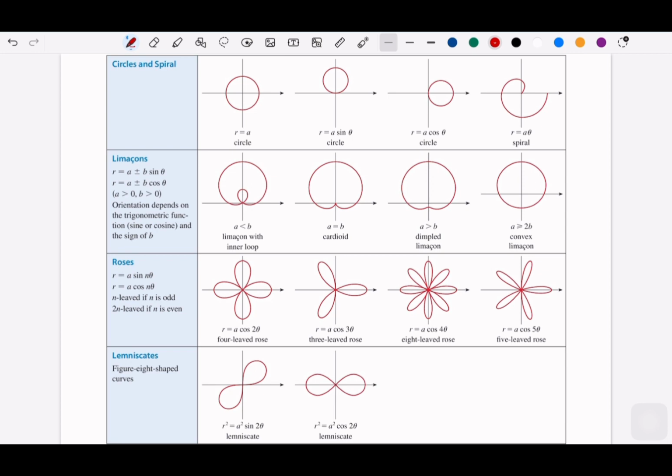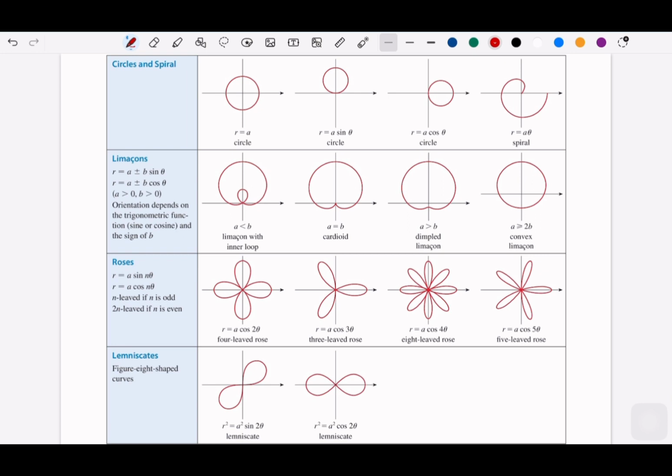And if you have a greater than b, but not over 2b, we have a dimple. And then after that, we have a convex shape. And you will see that as a gets greater and greater, it gets closer to the circle.